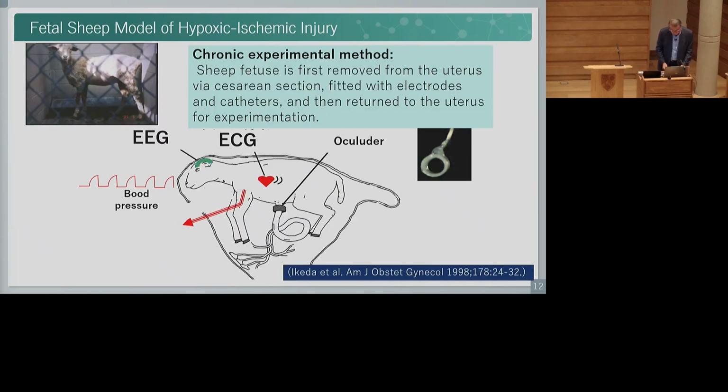To answer this question, we used the fetal sheep model. In this chronic preparation model, the fetus is temporarily removed from the uterus, electrodes and vascular catheters are implanted, and the fetus is then returned to the uterus. After recovery, controlled umbilical cord occlusion can be performed to induce hypoxic ischemic stress. This model allows continuous physiological monitoring under near normal conditions.